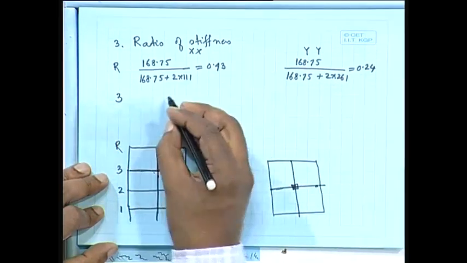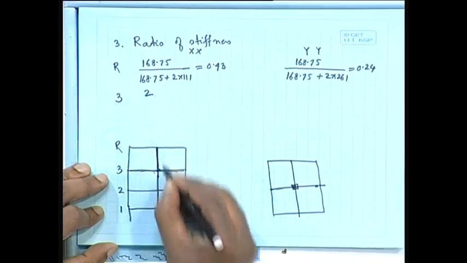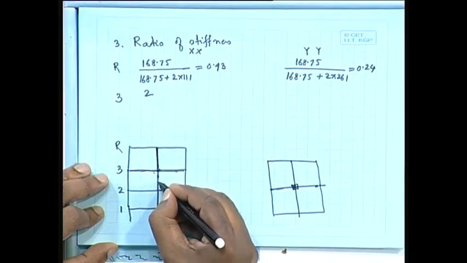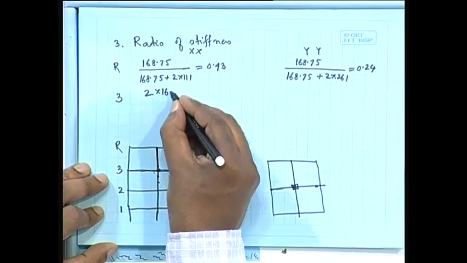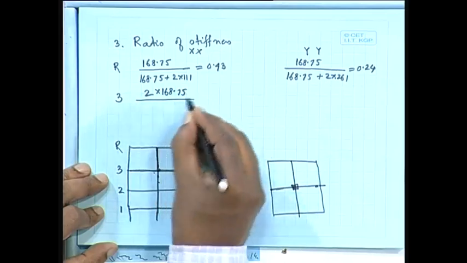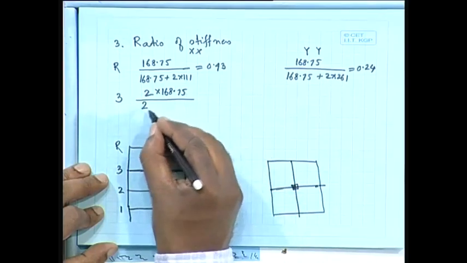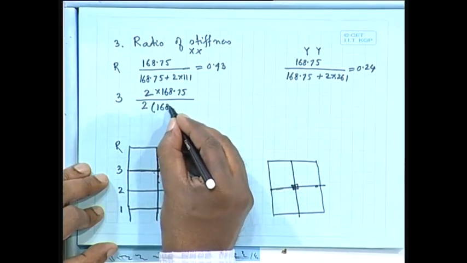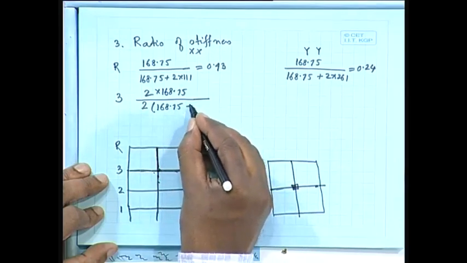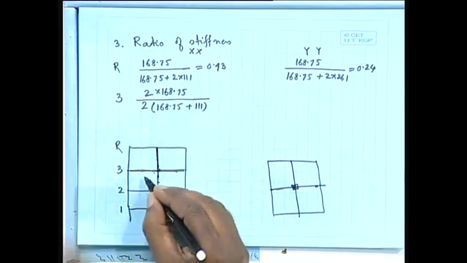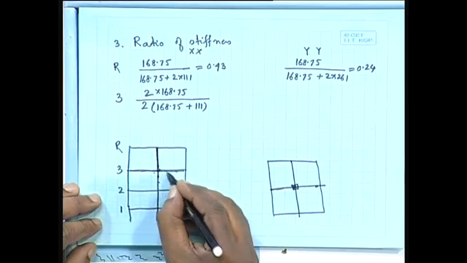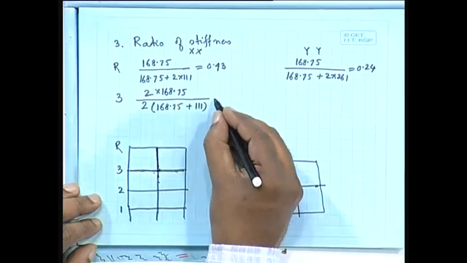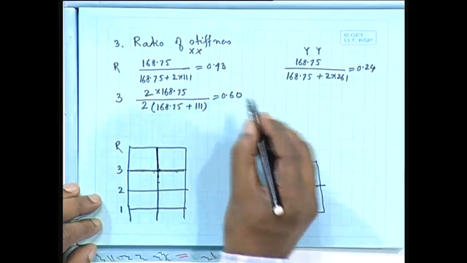So, number 3 it will be, but when you are talking this one, then this column as well as this column: 2 into 168.75 divided by 2 times, I think I can write down both, plus 111. That means, you are having the beams, 2 beams and top and bottom columns, which is coming as 0.60.